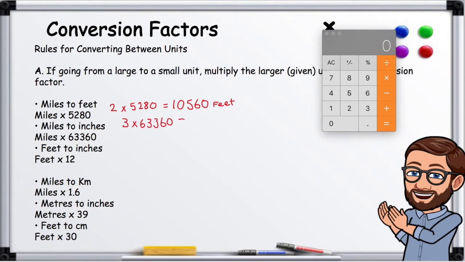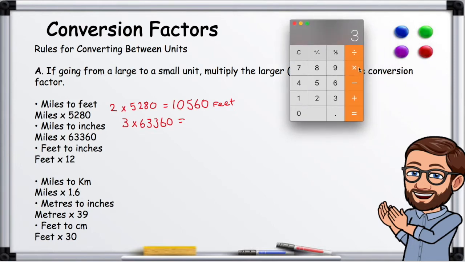Let's get our calculator here, 3 times 63,360 equals 190,080. So there are 190,080 inches in 3 miles.